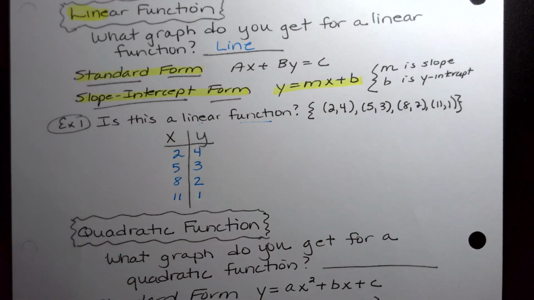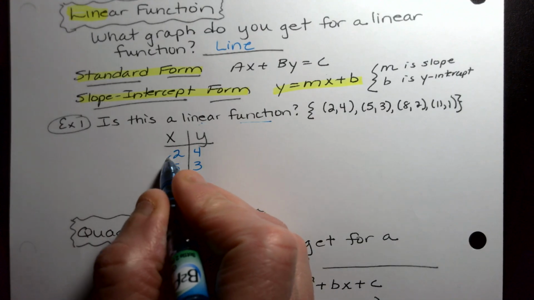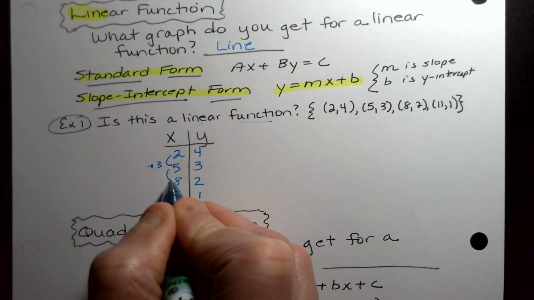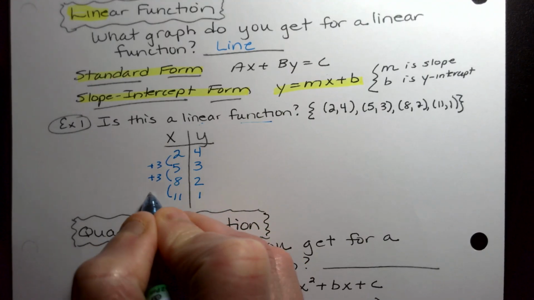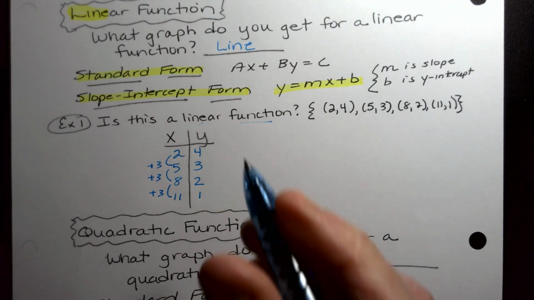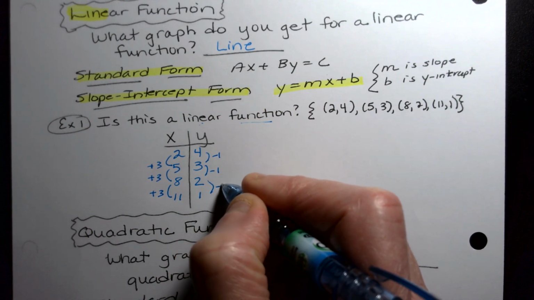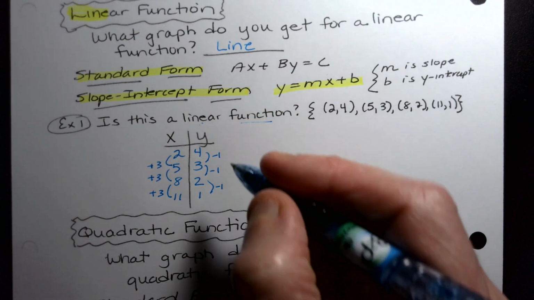And then you're looking to see if there's a consistent increase or decrease pattern. Not multiplication, but adding and subtracting. So let's see, this one you add 3, add 3, add 3. So we're good on that side. Let's check the other side. Minus 1, minus 1, minus 1. Check.